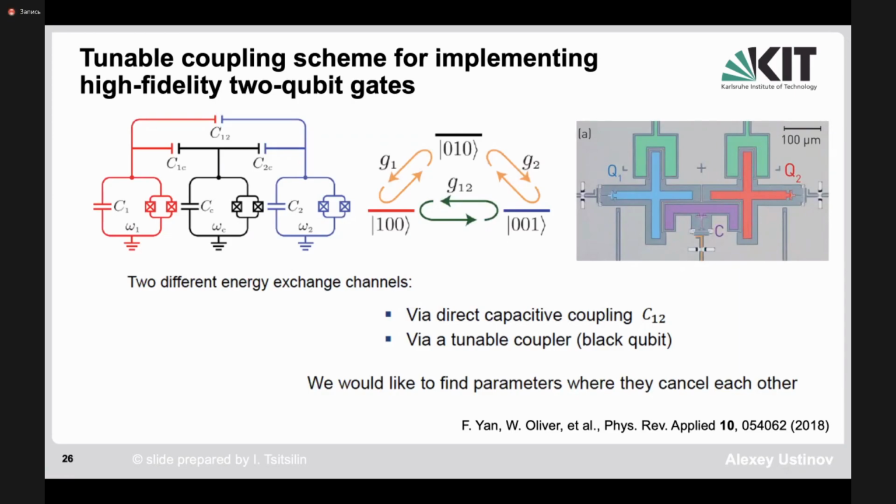Pay attention now. Imagine that you introduce here the coupling through the capacitance C12. This coupling is always such that by inducing a positive charge on the left side of the first qubit, you will induce a negative charge on the right qubit.